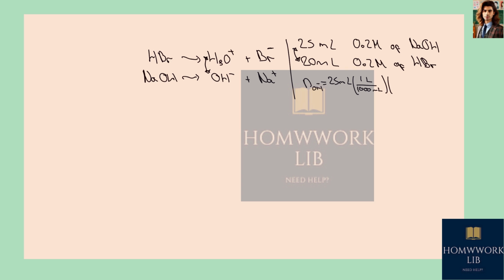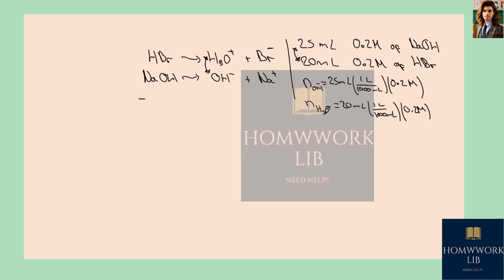And we multiply this by the concentration that we have, 0.2 molar. Then we're going to have the amount of hydronium ion in solution, which is the same formula, but with 20 milliliters instead.